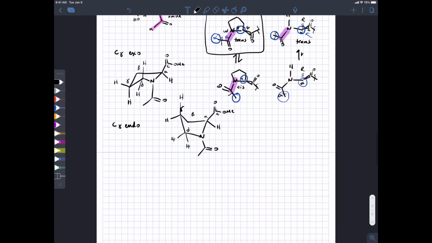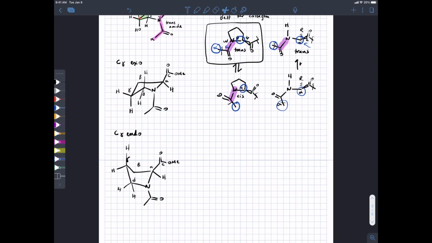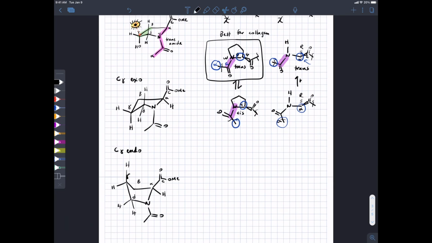It just so happens that the exo conformation, for some reason, favors having the two alpha carbons trans to each other, whereas the endo conformation favors having those two carbons cis to each other.